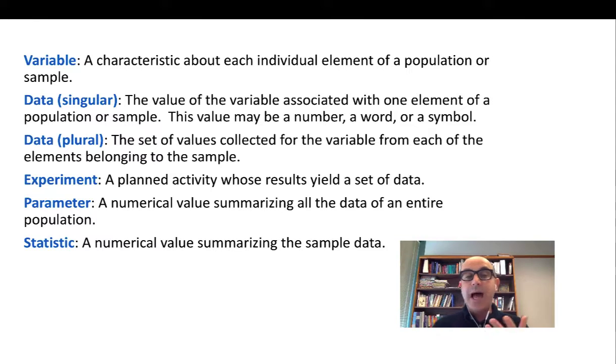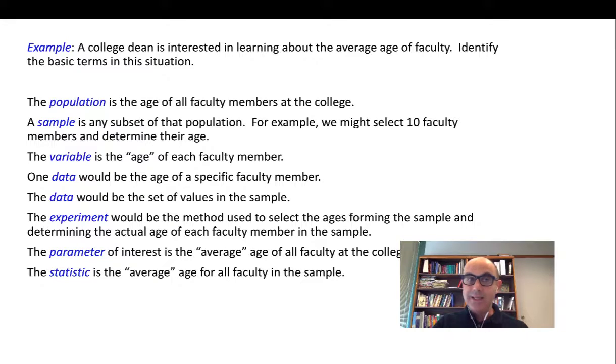And we have two types of statistics. We have statistics values, which are numerical values that summarize the sample data, and the other type, which are numerical values that summarize all the data of the entire population. We will talk about that, but we will not focus on it. Our idea is to take those types of data or variables and try to visualize them.